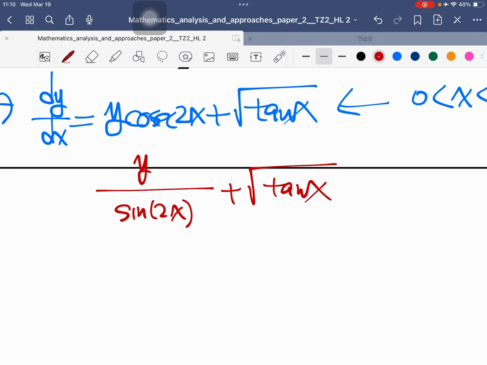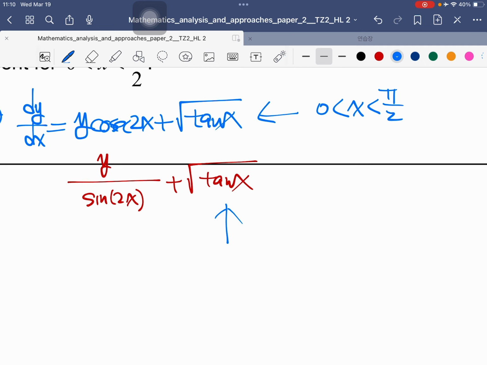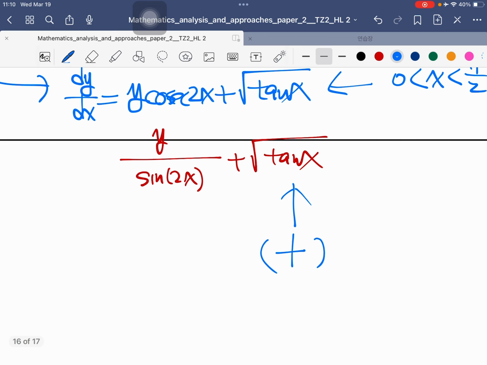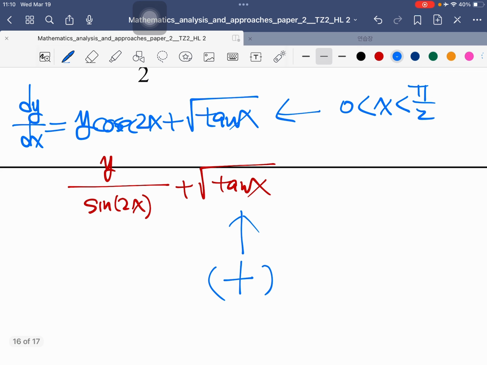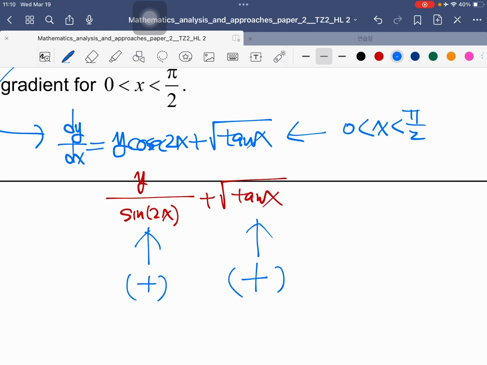And then notice that the tangent value between 0 and pi over 2 is always positive. Sine 2x between 0 and pi over 2 is always positive. The y value is already positive.